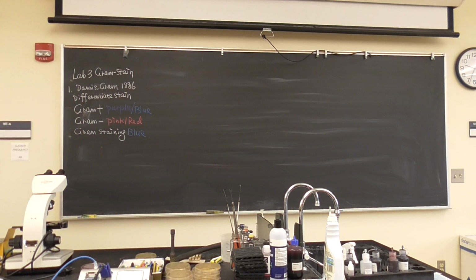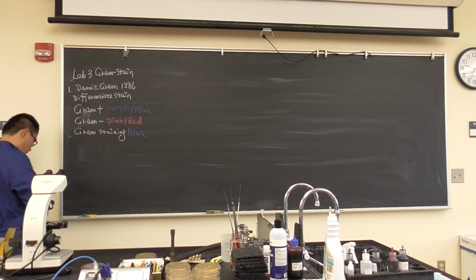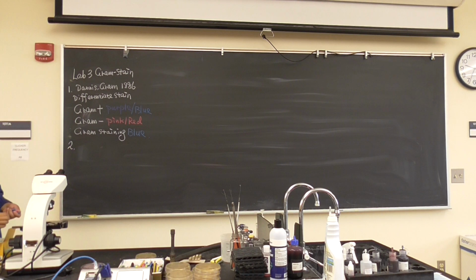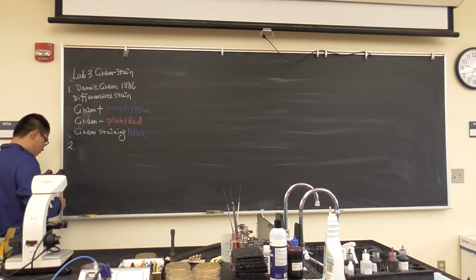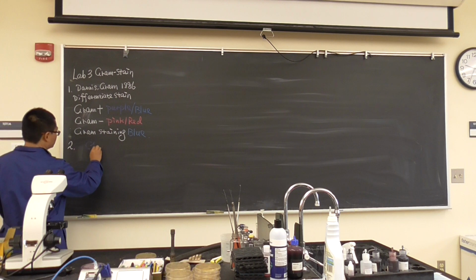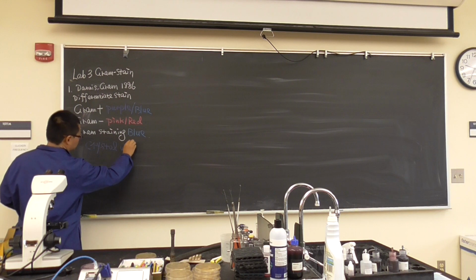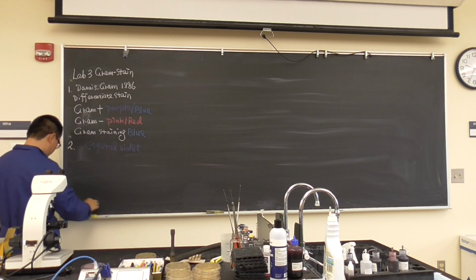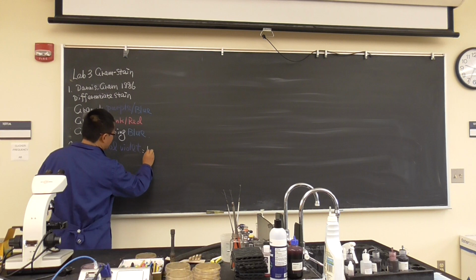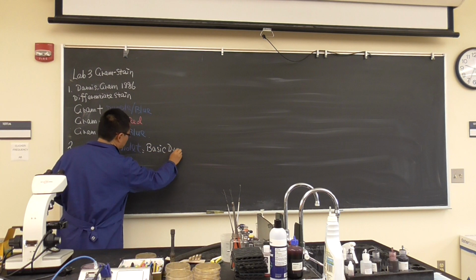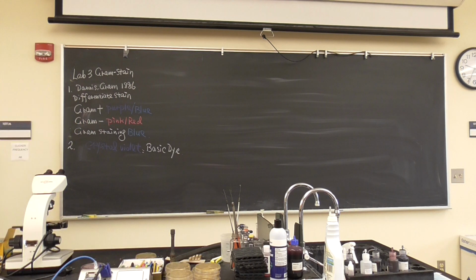Now, what are the major steps of the Gram stain? You should be very familiar with that. Number one, we add crystal violet, a basic dye, and you can understand we are going to put some color in.